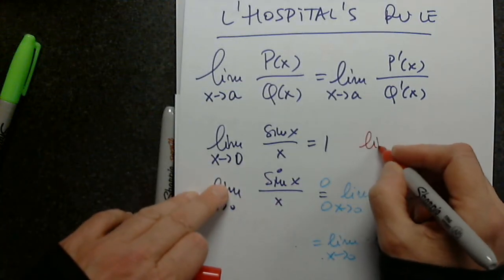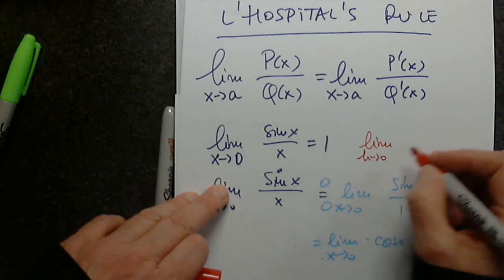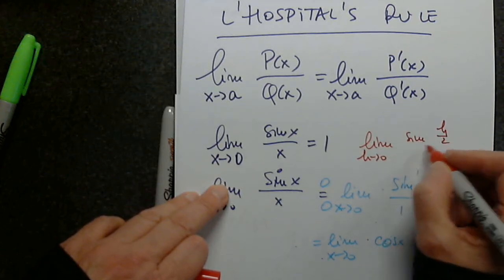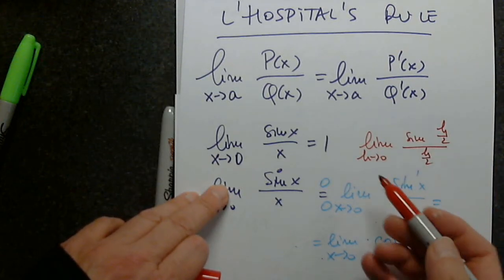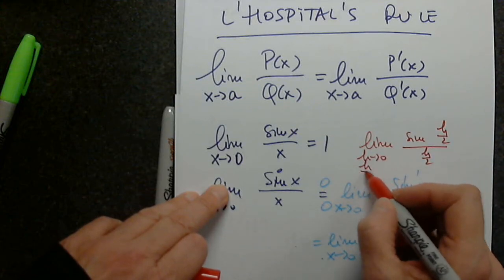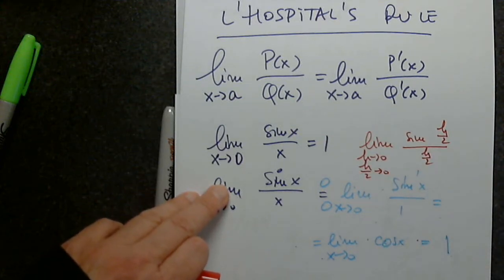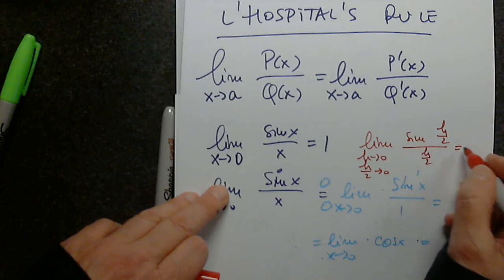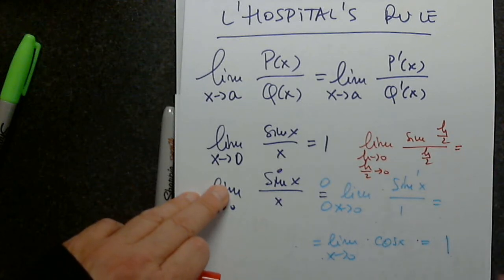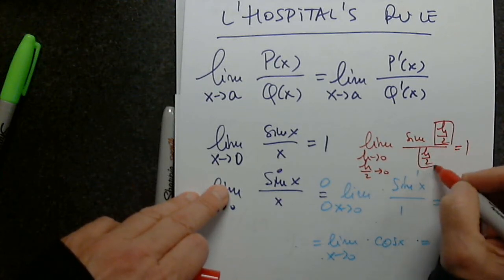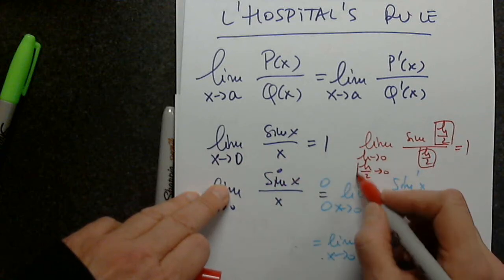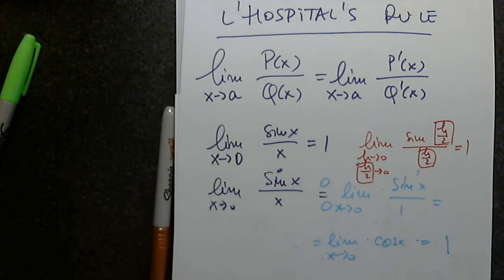I have this: limit as h approaches 0 of sine h over 2 over h over 2. But when h approaches 0, I hope you agree h over 2 also approaches 0. What should this number be? 1. Yes, because they are all the same. I'm going to talk about this again right after we finish this.